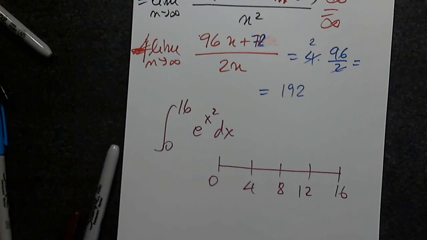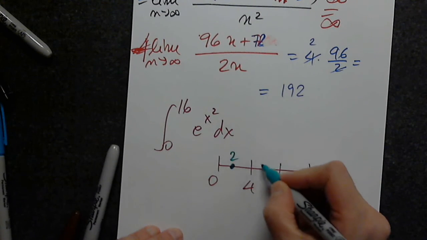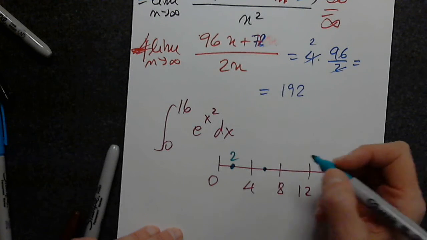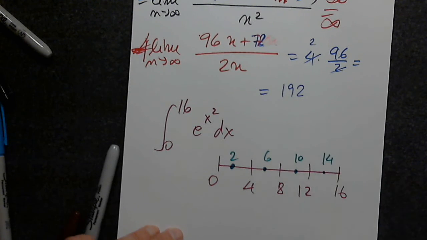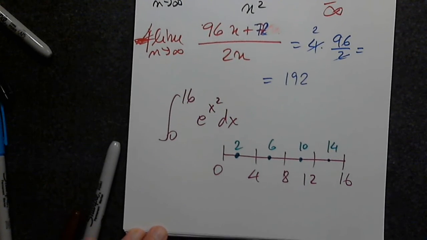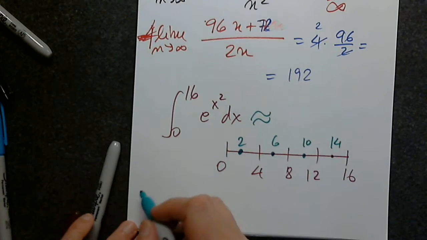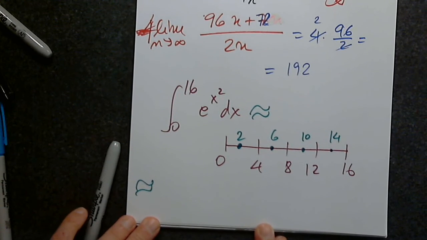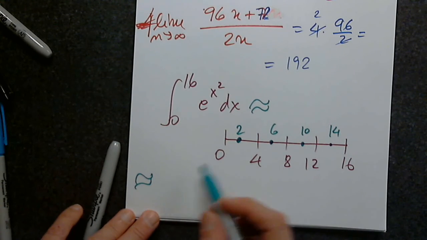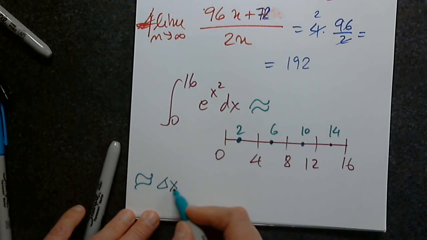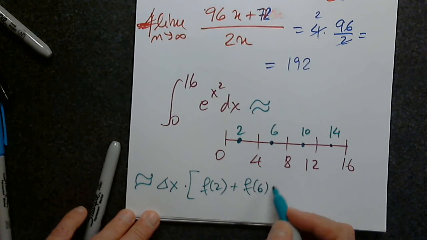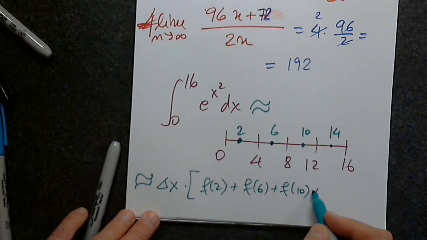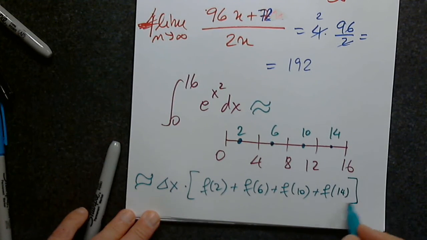The midpoint is 2, 6, 10, and 14. So this is approximately, no way exact, delta x times f of 2 plus f of 6 plus f of 10 plus f of 14.